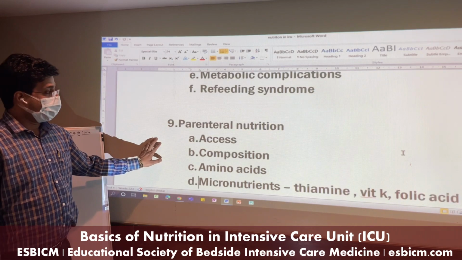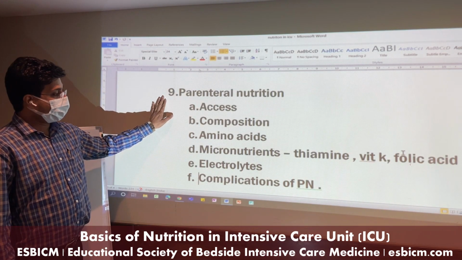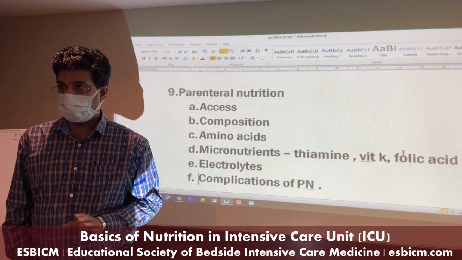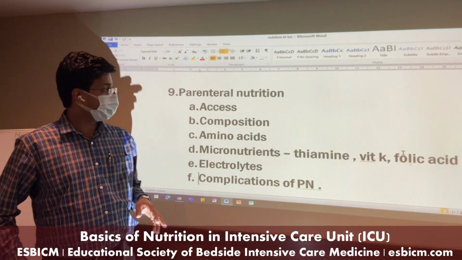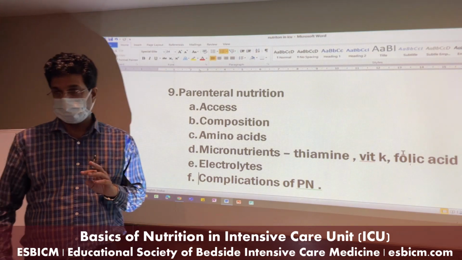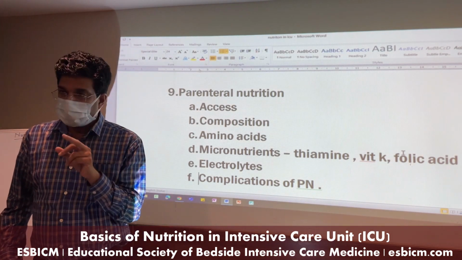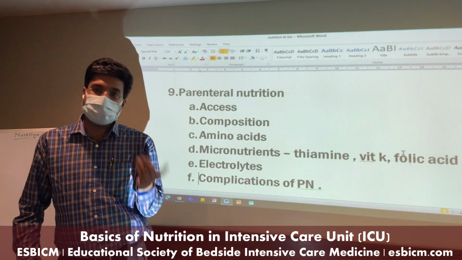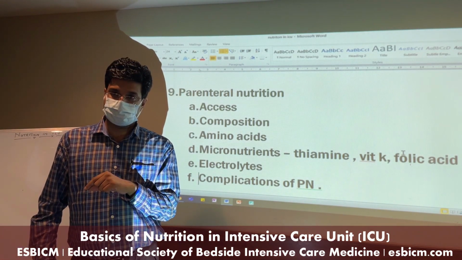Next, in spite of all efforts, suppose your patient is not able to tolerate enteral feed. Now you need to switch to parenteral nutrition. If I have a patient with a bowel surgery on day one in the ICU, will you go for enteral or parenteral?